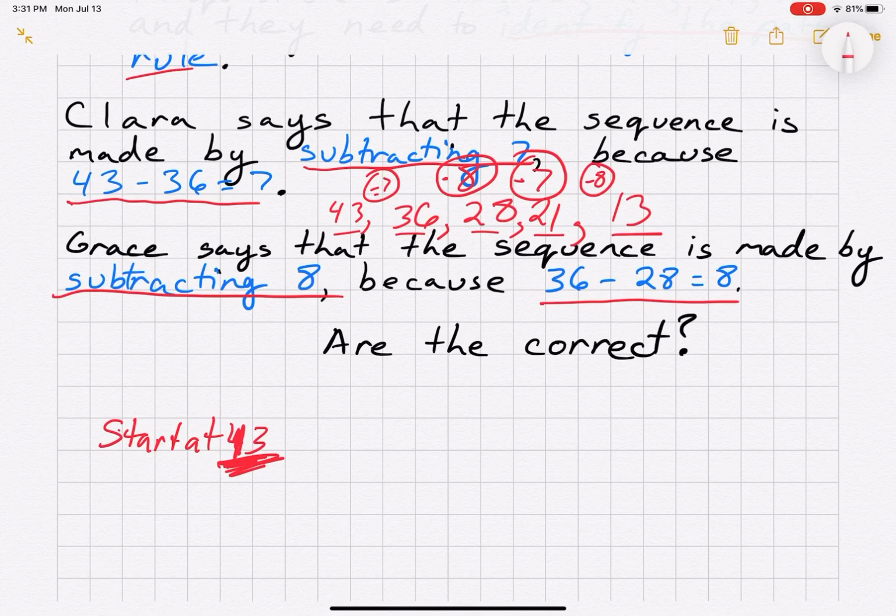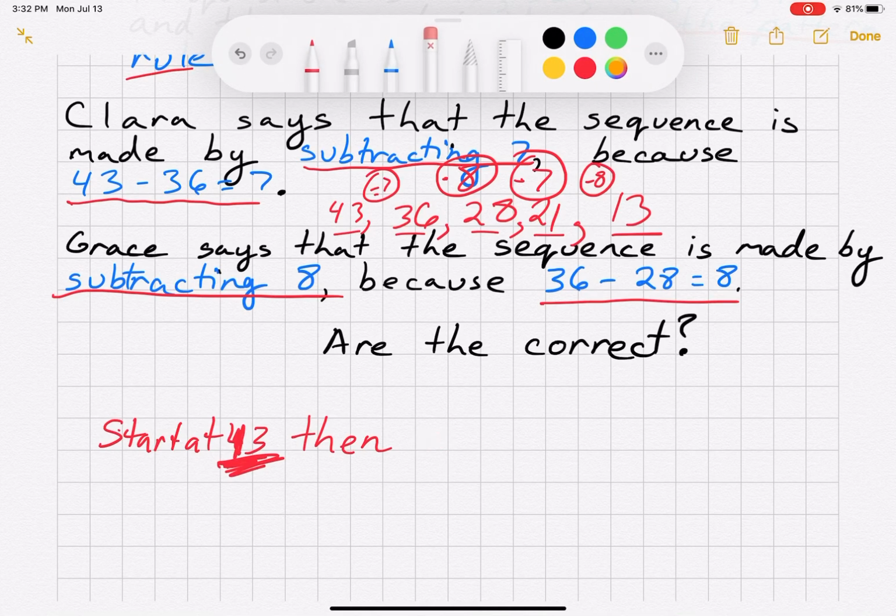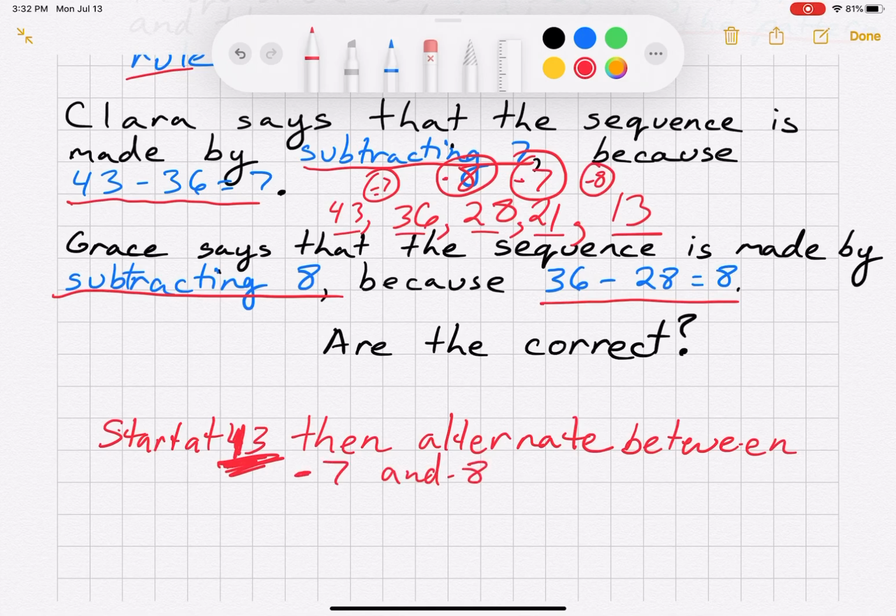So start at 43, then I could actually say, then alternate, meaning going back and forth or taking turns, between subtracting 7 and subtracting 8, starting with minus 7.